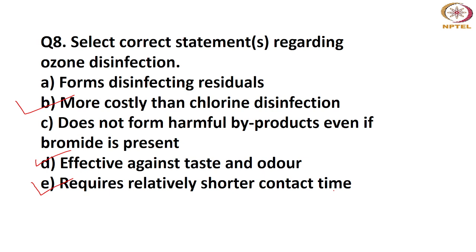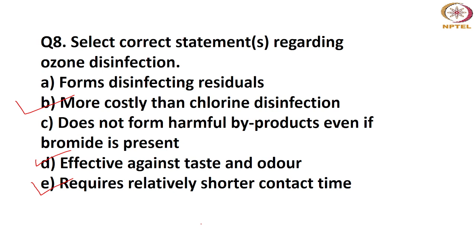That is the reason. What is meant by option C, sir? Can you explain, please? Does not form harmful byproducts even if bromide is present. In chlorination, for a case of ammonia, it can form certain kinds of chloramines, right? You have heard about NCl3 and NHCl2, something like that.